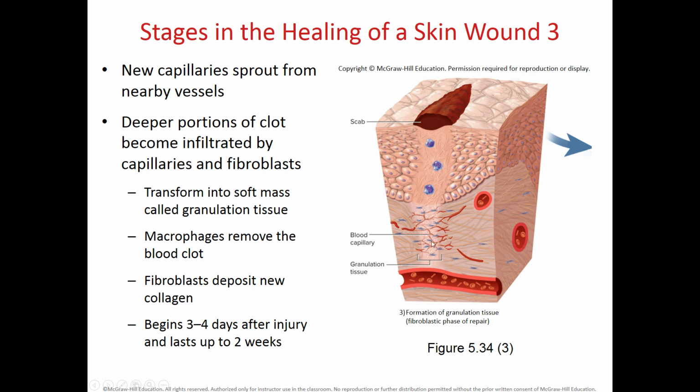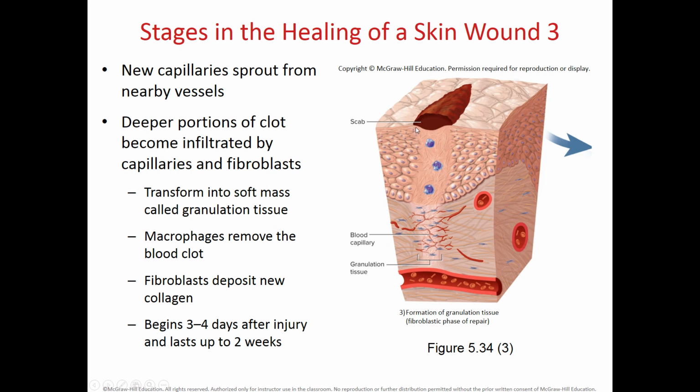So in the third stage, you will have formation of granulation tissue by the aid of these fibroblasts, and you will seal this deep cut in here and also this part in here, the most superficial area where you have the wound. The deeper portions of the clot then become infiltrated with capillaries, not only with fibroblasts, and this area transforms into a soft mass called granulation tissue.